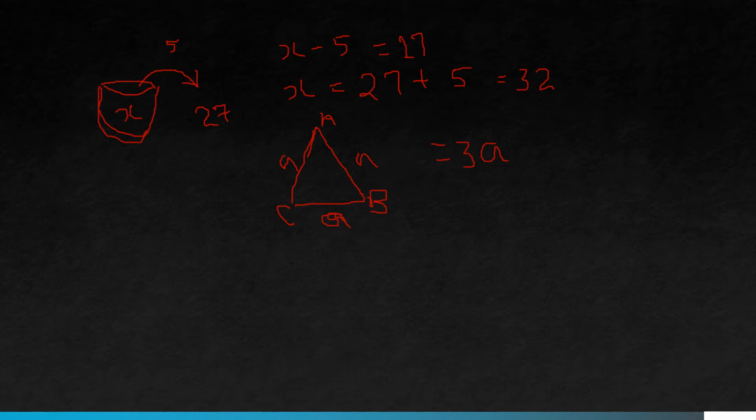Now let me explain the various definitions, like what is a variable and what is a constant. A variable is a letter or symbol used to indicate a value that varies, or that is not fixed. It represents an unknown number.